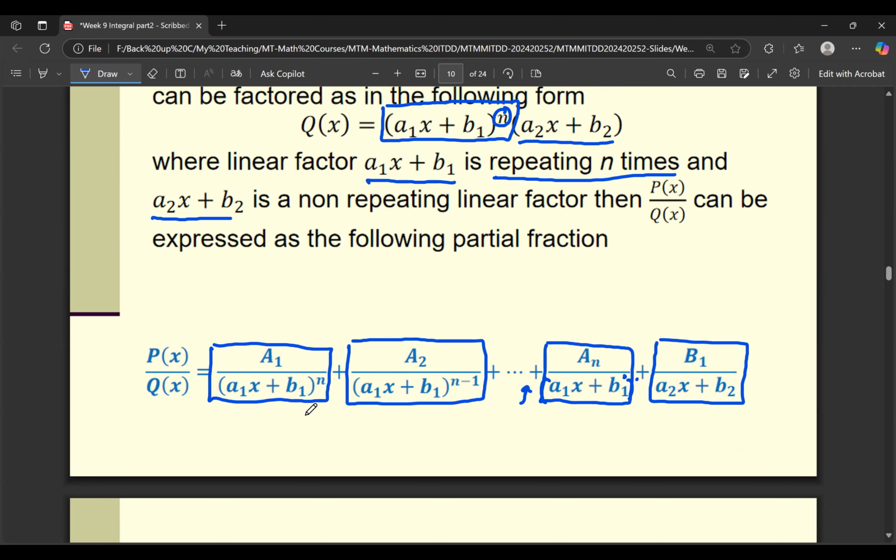So totally we have n components, with the denominator power increasing from 1, 2, 3 up to n.